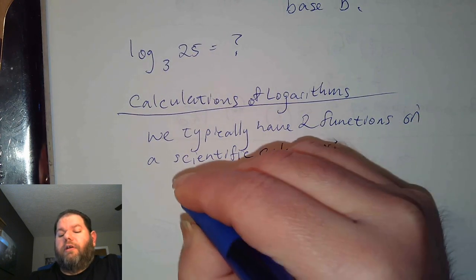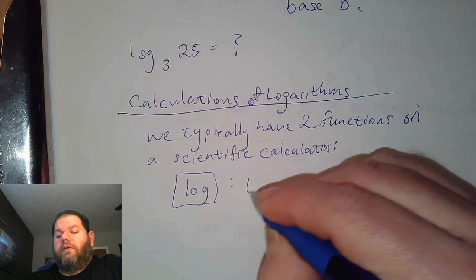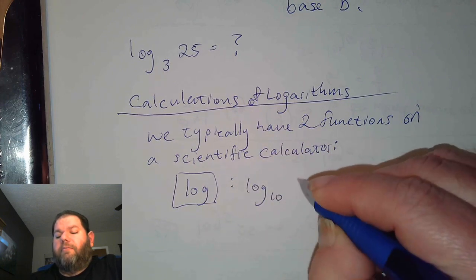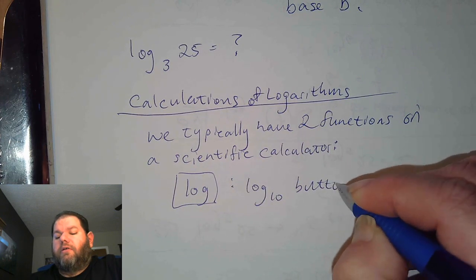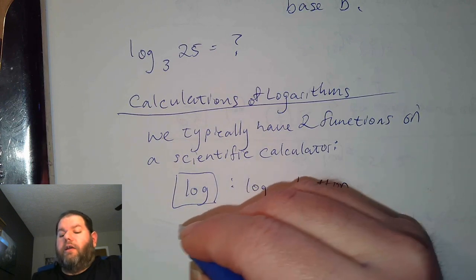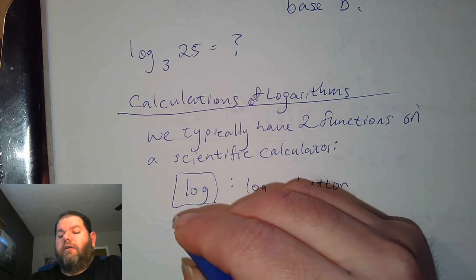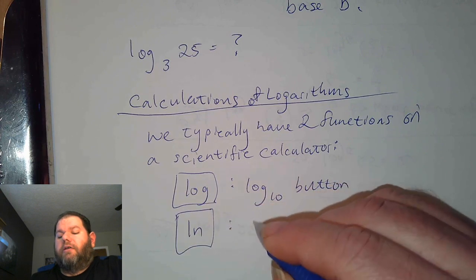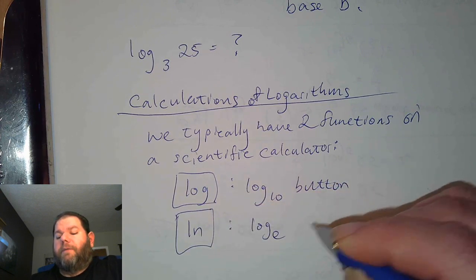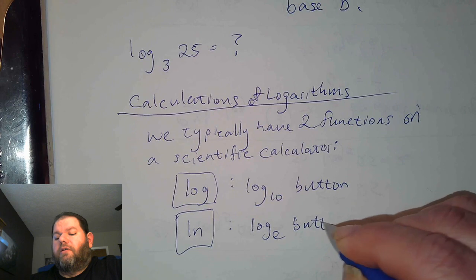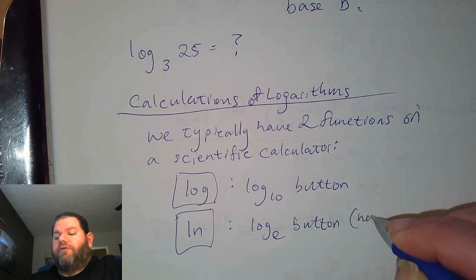We have log, which is our log base 10 button, and ln, which is our log base e button, or natural log as we refer to it.